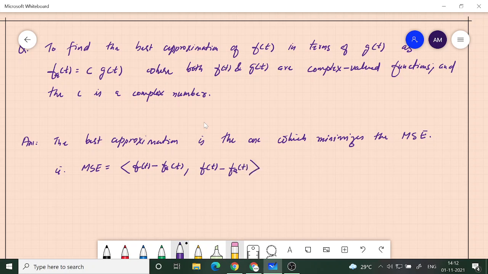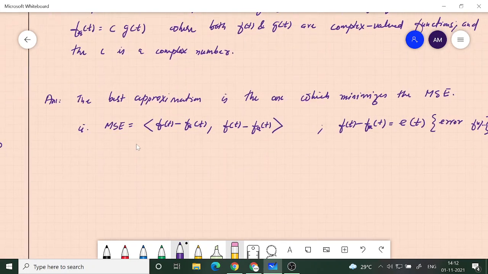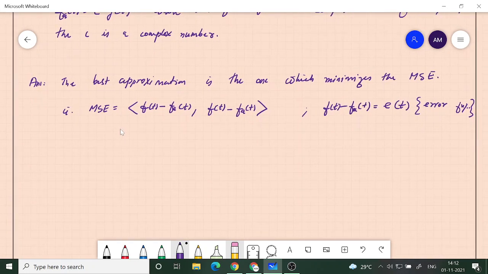Here f of t minus f_A of t is also called the error function. So that's the name for the difference. We want this difference to be minimum, and one measure we can use is the mean square error, because if the mean square error is minimum, the strength of the error function, or the energy contained in the error function, will become the minimum.